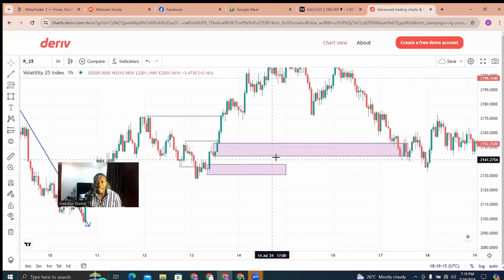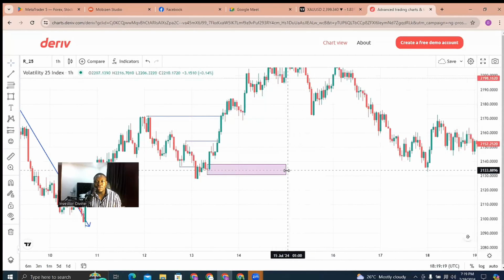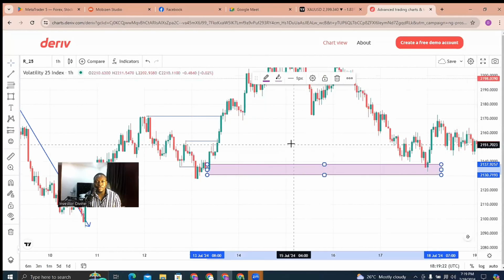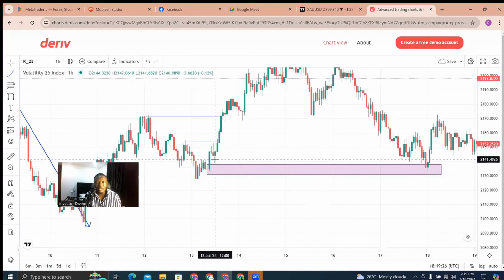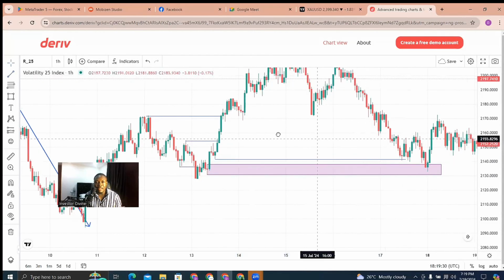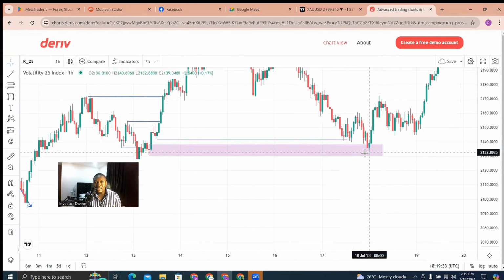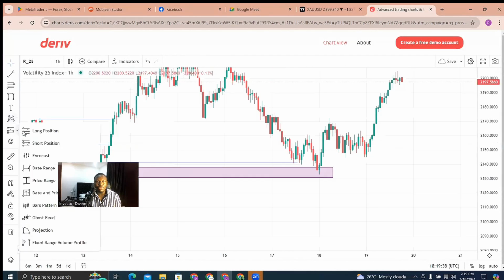But then look at how this nice inducement area is just resting above our main order block. I can see how the market took out the inducement, tapped in nicely into our order block right here, and began to buy.